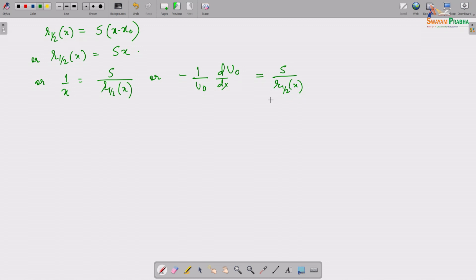We just need to arrange that, that's all. So r half by u naught d dx of u naught is equal to minus s.